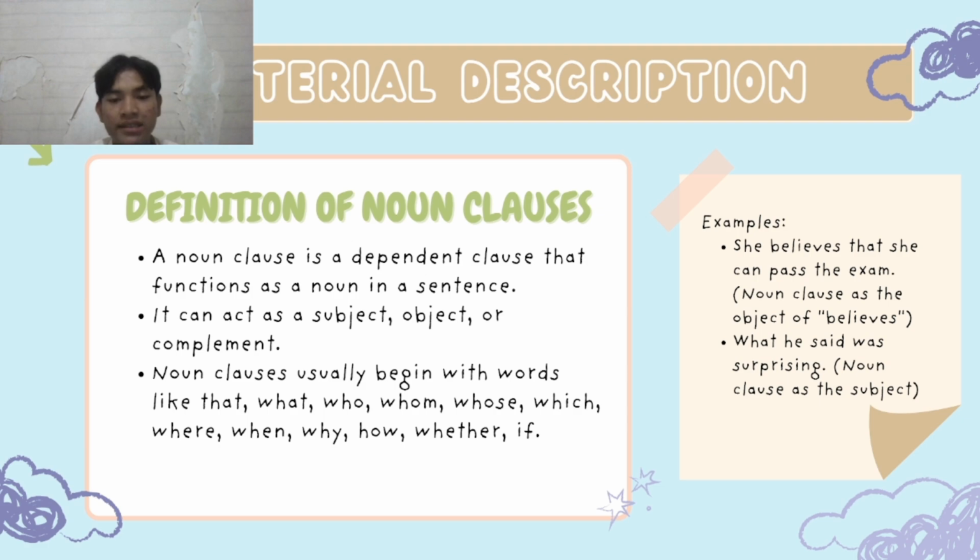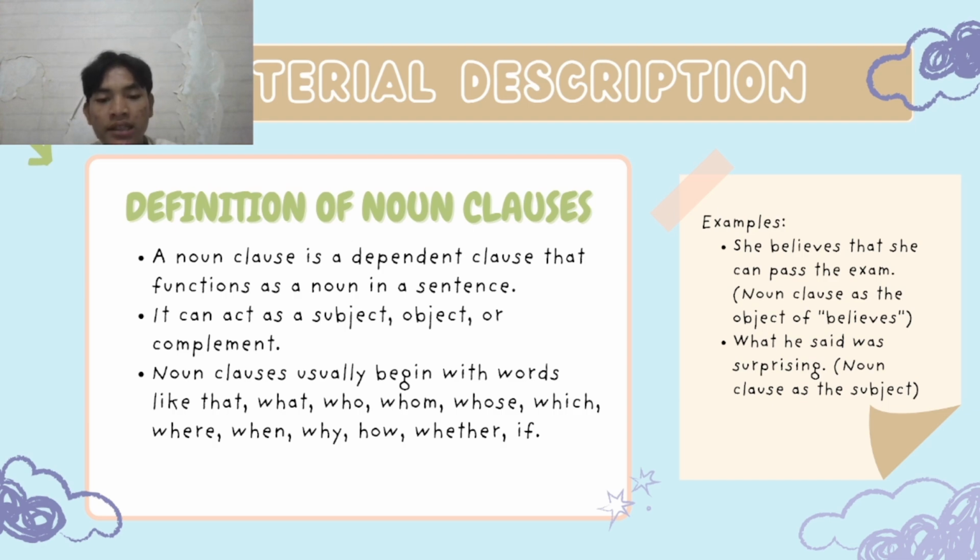Why is it an object? The main clause is "she believes." The verb "believes" needs an object to complete its meaning. In other words, we need to know what she believes. The clause is "that she can pass the exam."